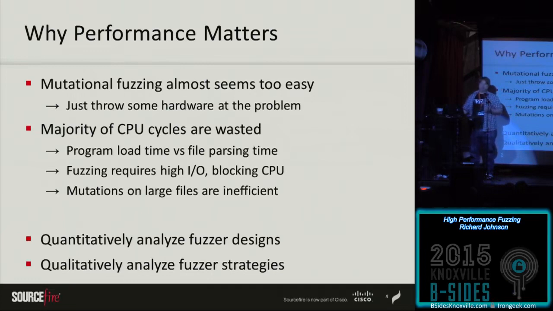So what I wanted to do is take a look at the problem from both a quantitative analysis of the fuzzer designs, meaning what is the performance that we're actually getting, what are the characteristics and the theoretical limits of each kind of part of the functionality of a fuzzer, and then qualitatively determine, are we selecting the right input set and are we using the right mutation strategies to produce the most bugs possible.